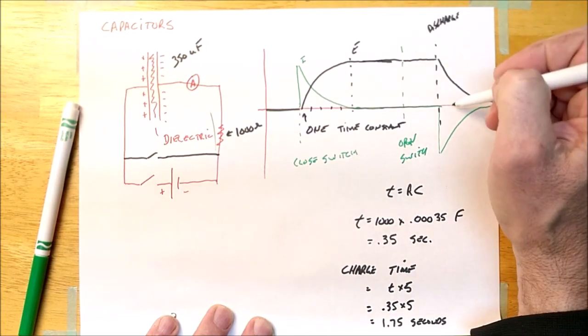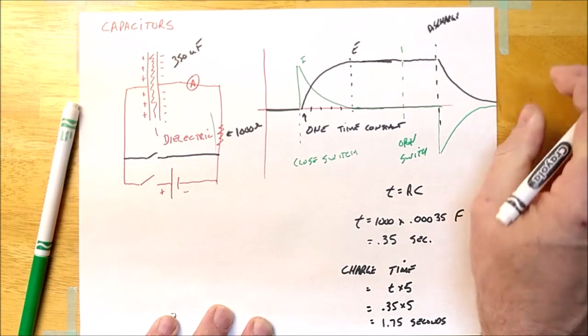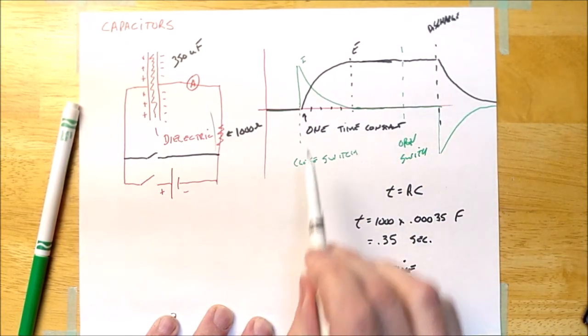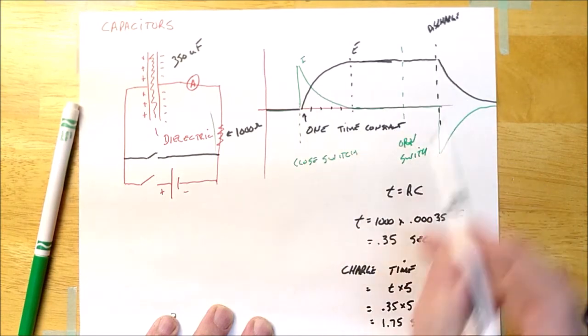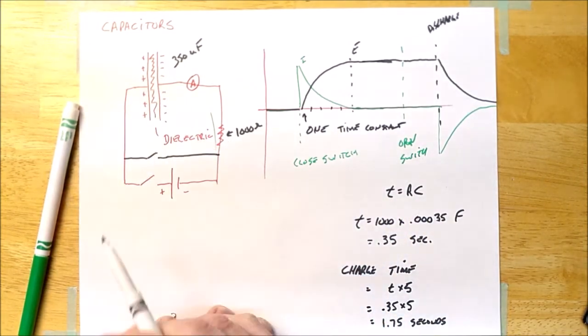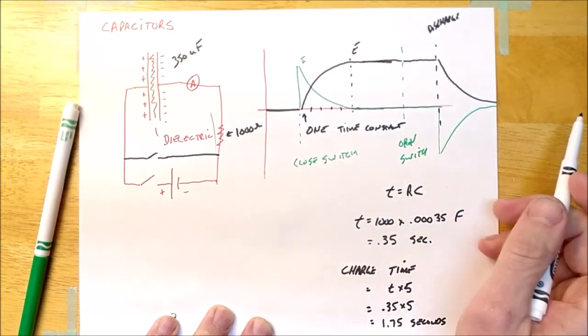The discharging is also going to be split into 5 sections, each one called one time constant. So you can always predict T by multiplying the resistor times the value in farads, and then multiply it by 5 to calculate the total charge or discharge time.